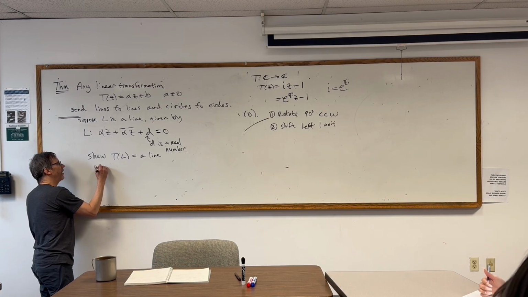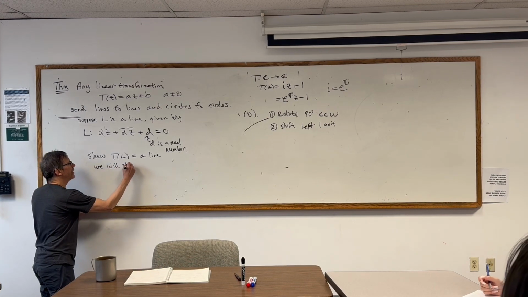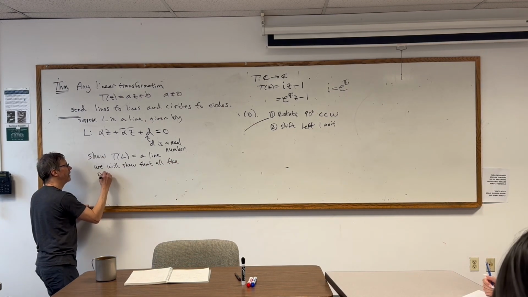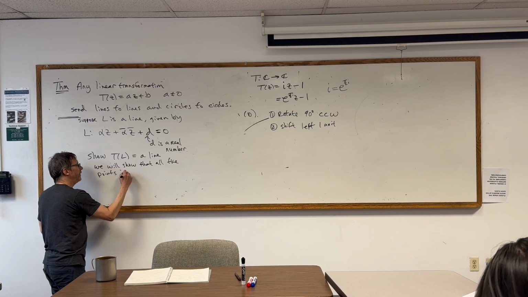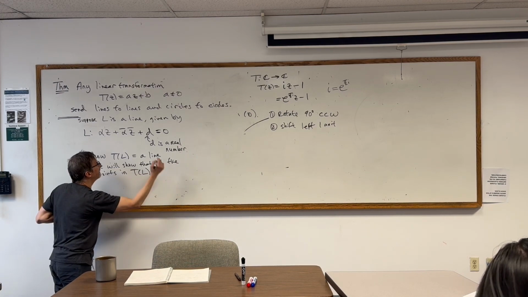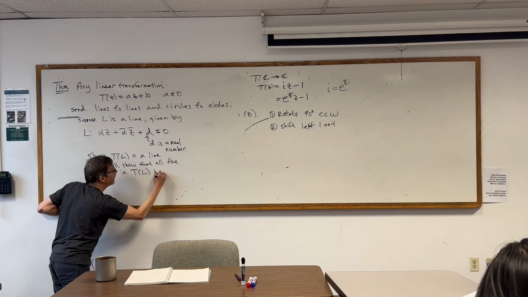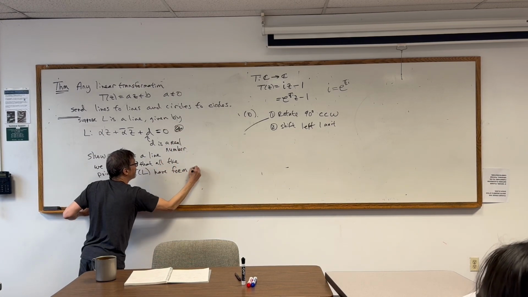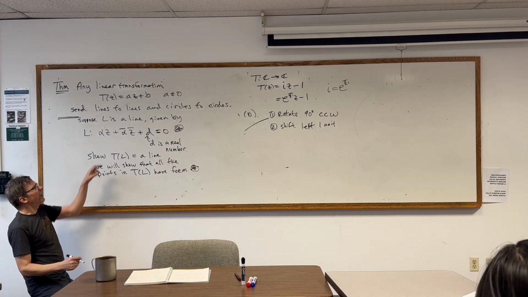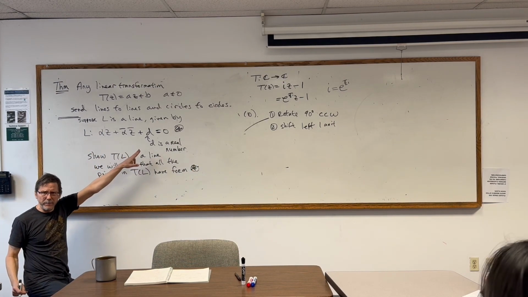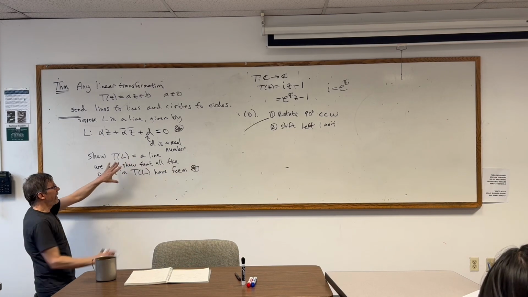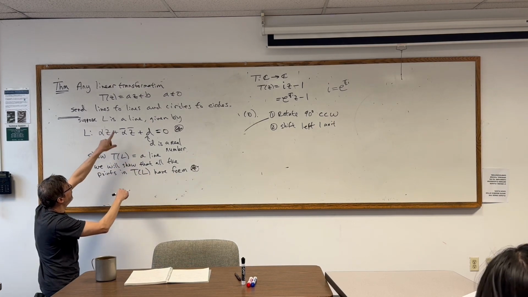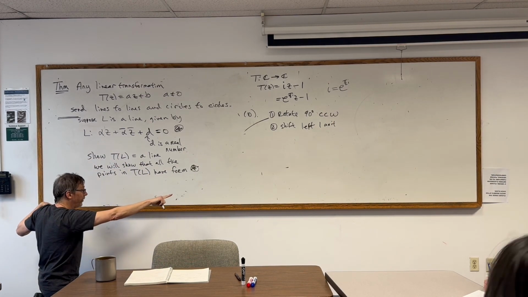So we will show that all the points in T of L have this form, form star. It's going to be a different alpha and a different D, but we're going to show that if I take any z that fits this form, run it through that T, the output will also be a line.